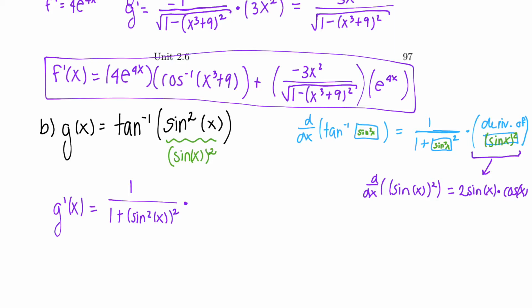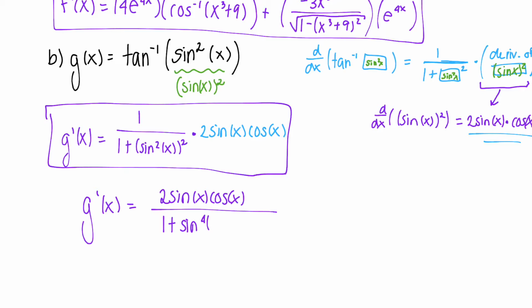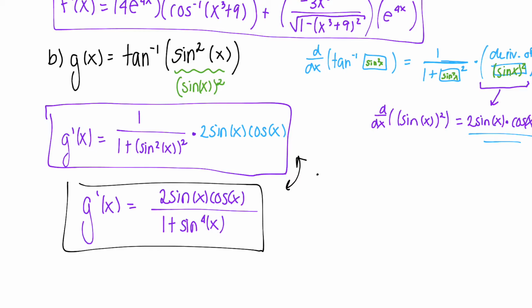Times the derivative of sine x quantity squared, which is 2 sine x cosine x, which we got from right here. The simplified version of this would be 2 sine x cosine x over 1 plus sine to the 4th x. But I didn't want to write that right here just because I wanted to be very clear. These are both A-OK answers.